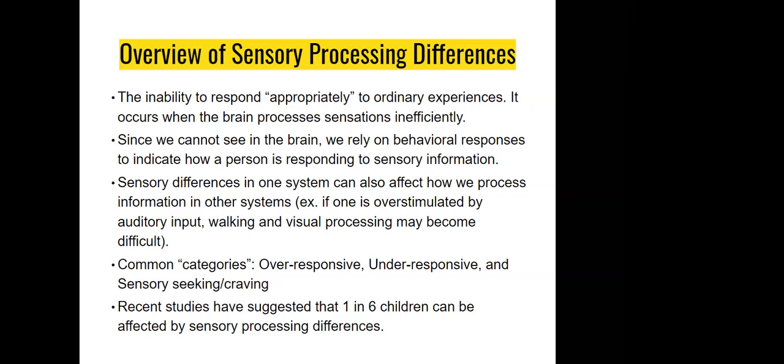Sensory processing disorder is not really recognized in our DSM-5, but you do see those diagnoses. And I feel like this is becoming quite an epidemic in our schools and with our children. So I do feel like it's increasing every year.